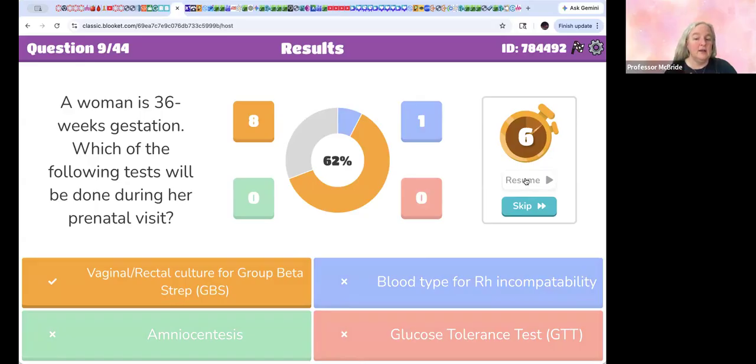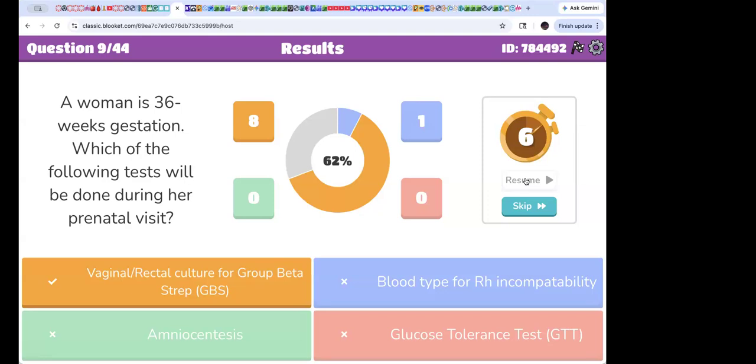What's important to know related to Rh as far as pregnancy goes? That the mother's blood can possibly attack the fetal blood.